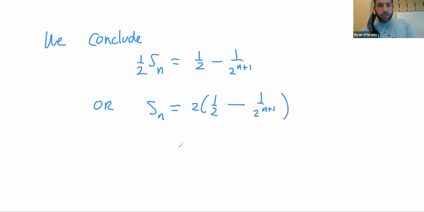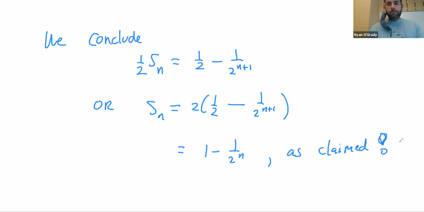And now if I distribute, I get 1 minus 1/2 to the n as claimed. So that is verification.